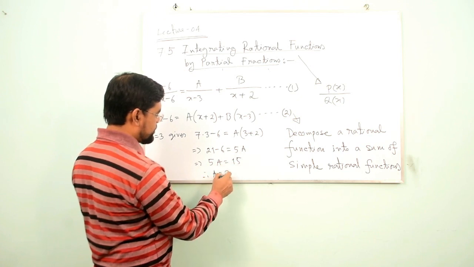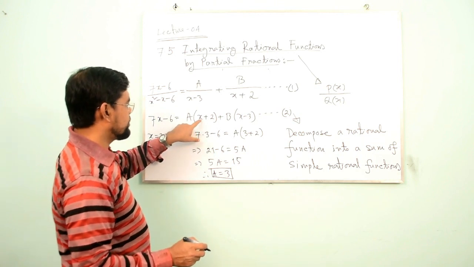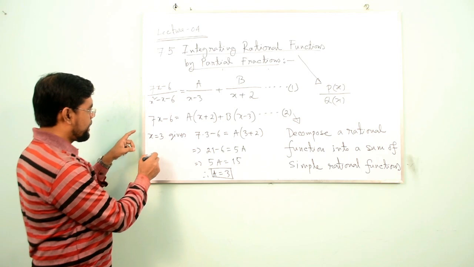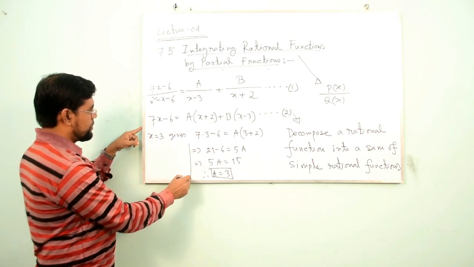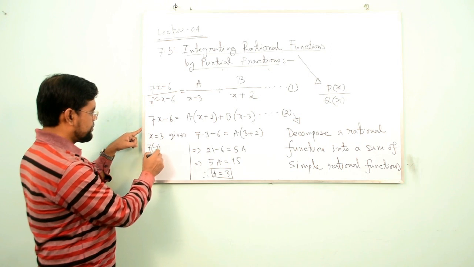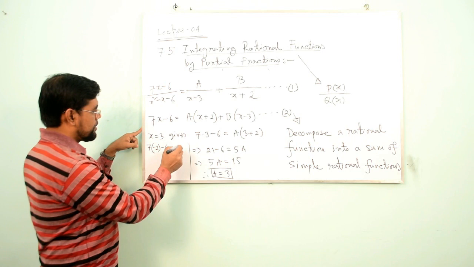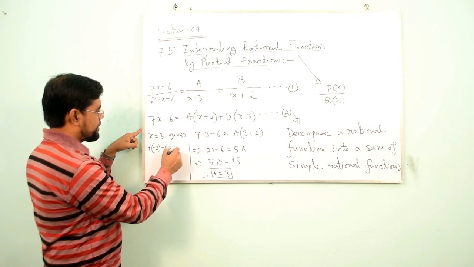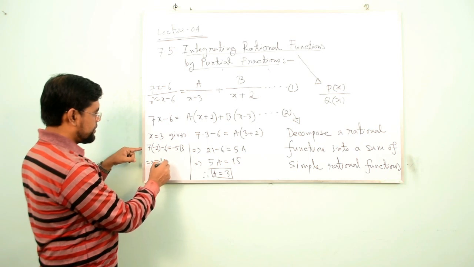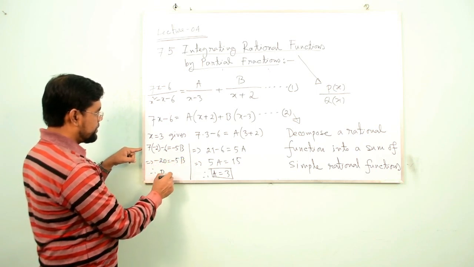Therefore, a equals 3. And again, by putting x equals minus 2, we can determine b. So when x equals minus 2, 7 into minus 2 minus 6 equals minus 5b. This implies minus 20 equals minus 5b. Therefore, b equals 4.